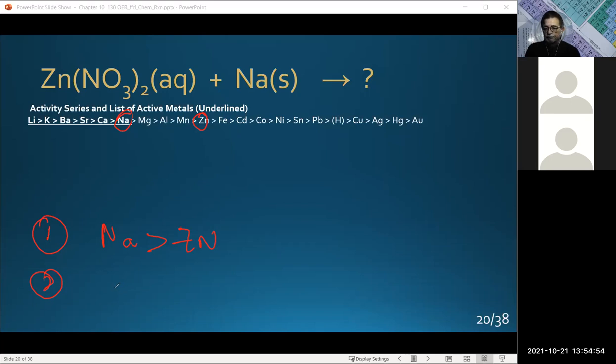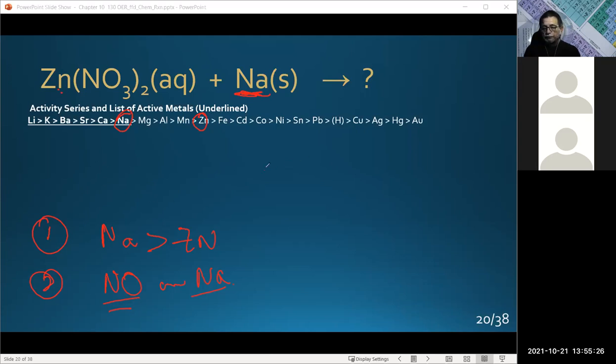Here in this example, the answer is no, okay? No on sodium, because sodium is in elemental form. What that means is the reaction will proceed. So sodium will replace zinc, and zinc will become elemental, okay?